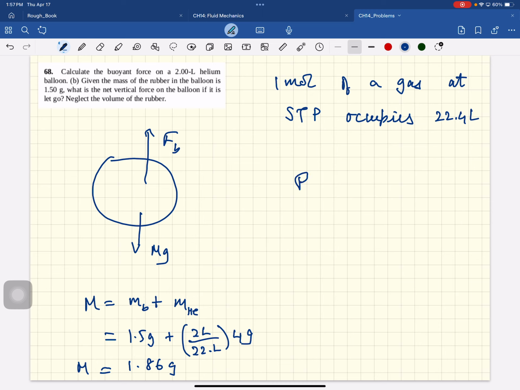What is the buoyant force? It's the weight of the displaced fluid.